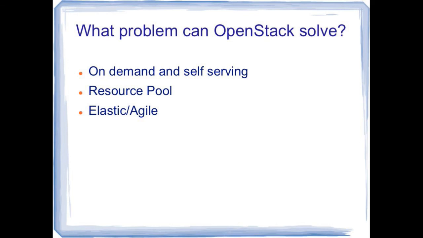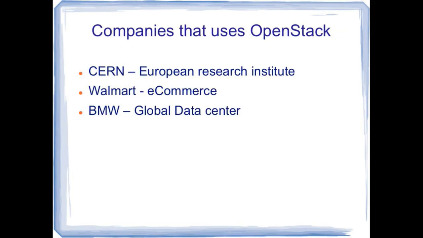Companies that use OpenStack, of course, this morning we talked about Walmart, an e-commerce company, and last year, we saw CERN, a European research institute, heavy on Ceph. BMW is also a very good example, because it has a global data center.